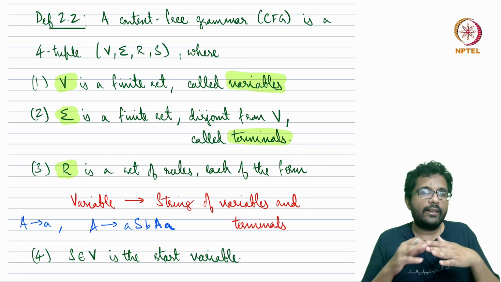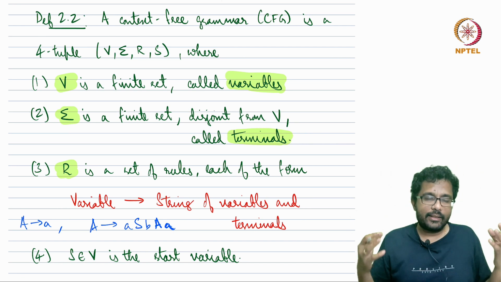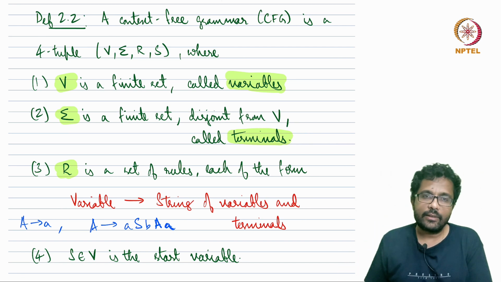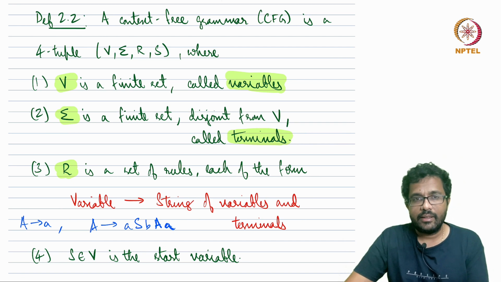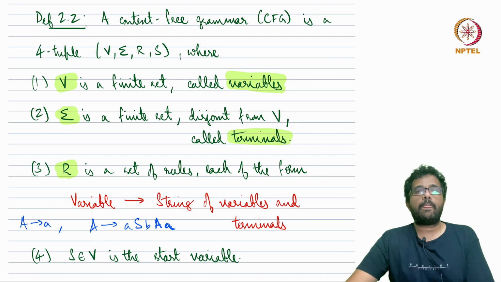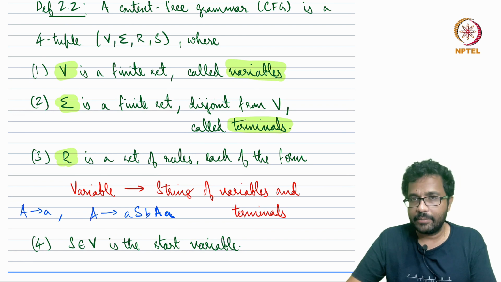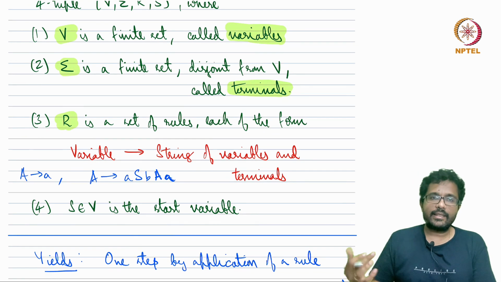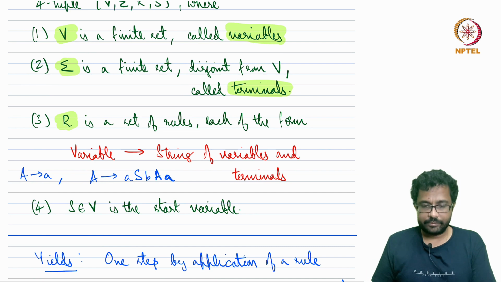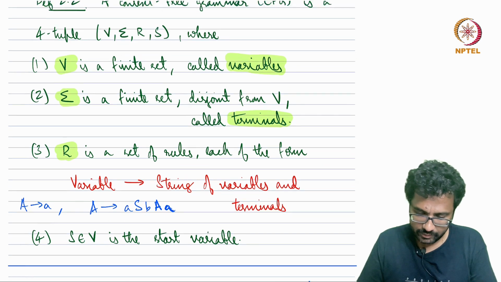Finally, I will have a string of only terminals, so the string will be a member of Sigma star. Even though in the case of DFA, NFA we call them alphabet, and here we call them terminals, they play the same role. The strings that we generate in the context-free grammar will be part of Sigma star.